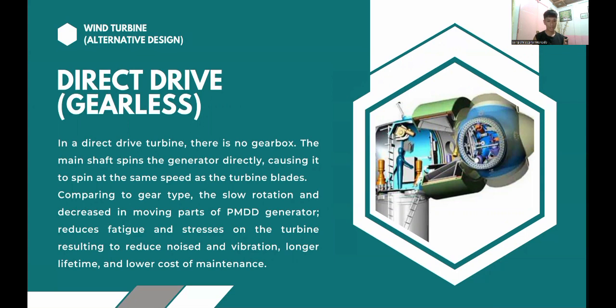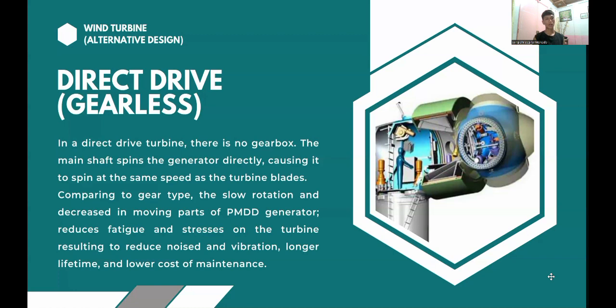Compared to the gear type, the slow rotation and decrease in moving parts of the PMDD generator reduces fatigue and stresses on the turbine, resulting in reduced noise and vibration, longer lifetime and lower cost of maintenance.